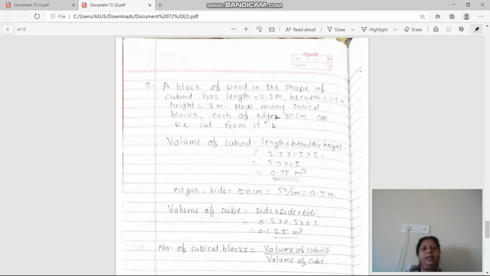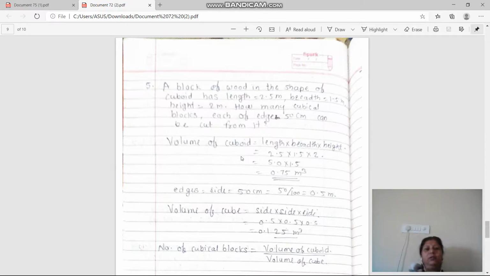Then this wood is cut into small cubical blocks which have edge 50 centimeters. That means its length, breadth and height are all 50 centimeters. Then we have to calculate the smaller cubic block's volume, and divide the volume of the block of wood by the volume of the small cube. Then we get the number of cubes formed.